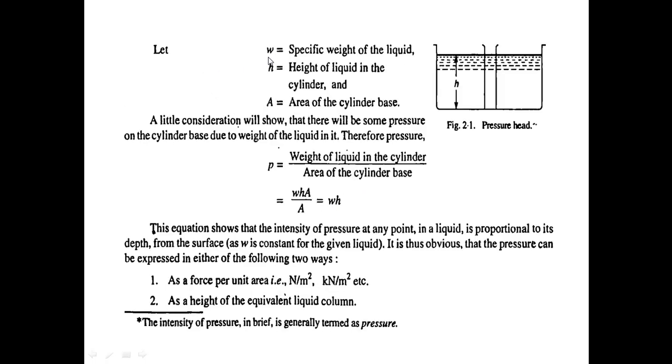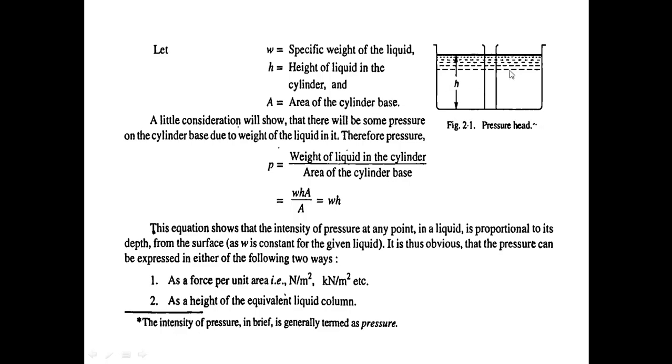Let omega be equal to the specific weight of the liquid. This small w is known as omega, and it is equal to the specific weight of the liquid which is contained in this vessel. H is equal to the height of the liquid in the cylinder.